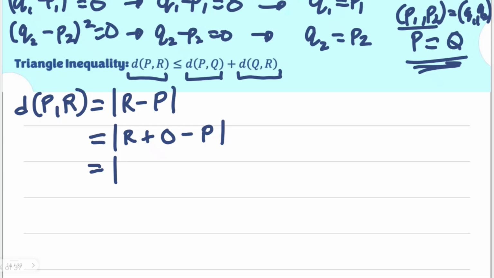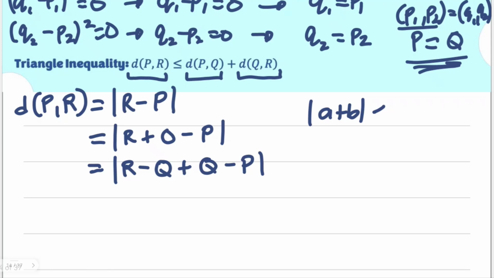Let me have here R, let's say minus Q plus Q minus P. Because when adding these two, it's just equal to 0, so we're just going to return to R minus P. I'm doing that because there is a property of absolute value notations, where the absolute value of A plus B is less than or equal to the absolute value of A plus the absolute value of B. This is commonly known as one of the properties of absolute value.